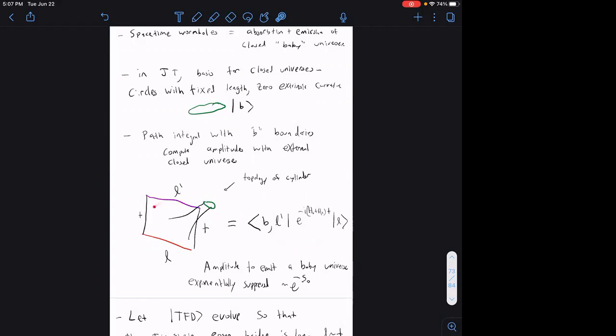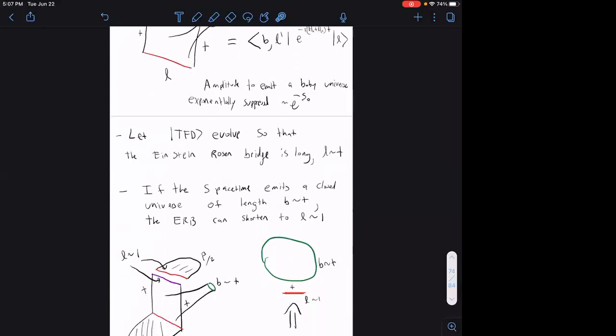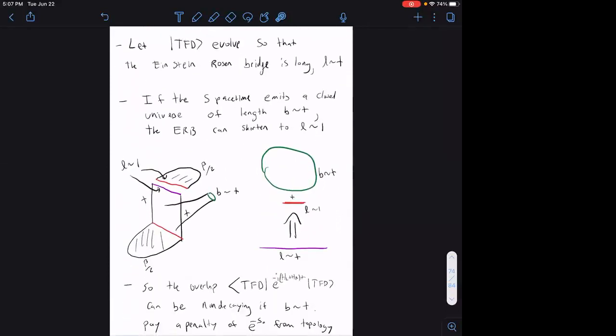And due to the cylindrical topology, this process where a baby universe is emitted is exponentially suppressed, e to the minus S naught, relative to the contribution where we don't, which is just a disk topology. So there's a small amplitude to emit a closed universe. But we'll see that it has an important effect.